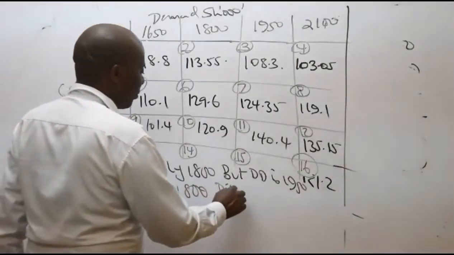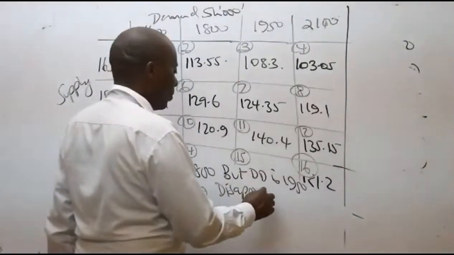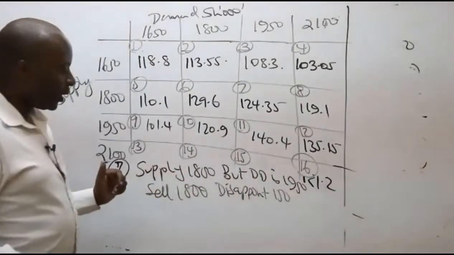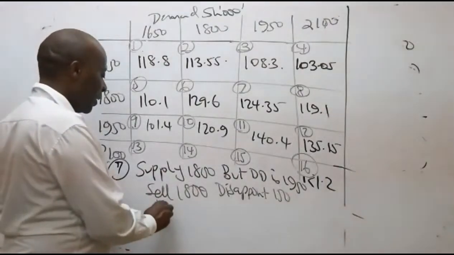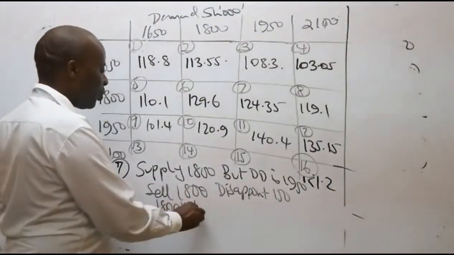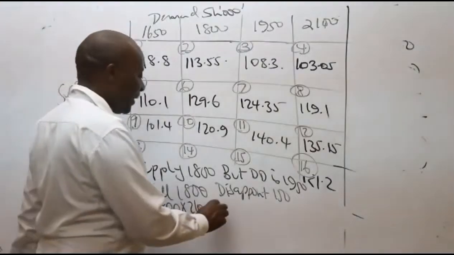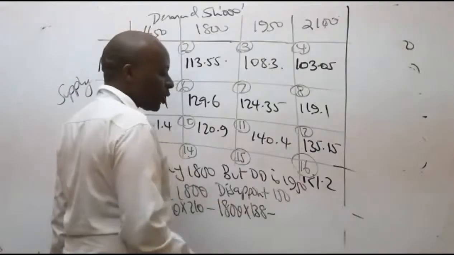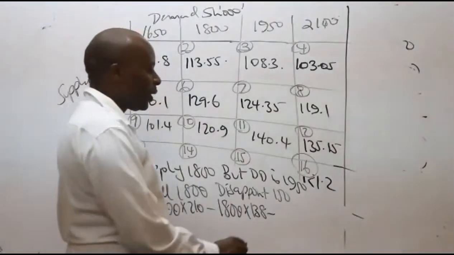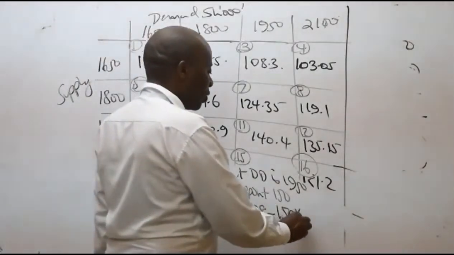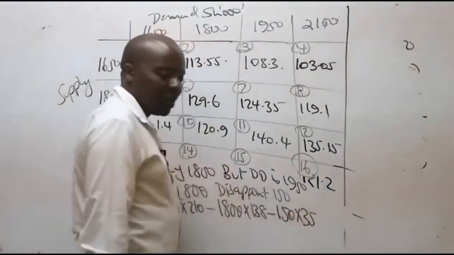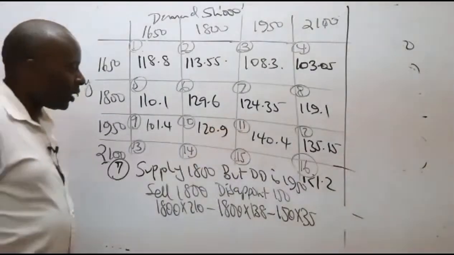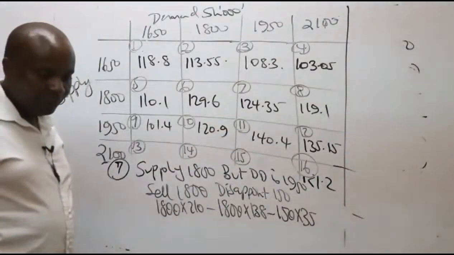Here it's about disappointments. Disappoint 150, the difference between the two. So my selling will be 1800 times 210 minus 1800 times 138 minus the cost of disappointing these 150 customers. So 150 times 35.